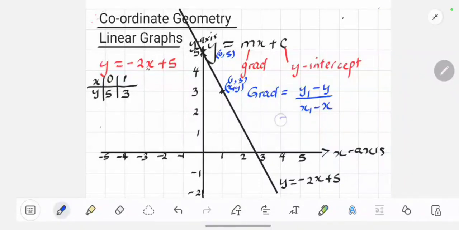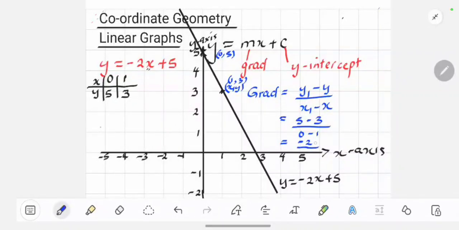So now I'm taking the y coordinate here minus this y coordinate, that is 5 minus 3 over 0 minus 1, which is equal to 5 minus 3, I get a 2, 0 minus 1, which is minus 1, so it becomes minus 2. So minus 2 is the gradient of this line.